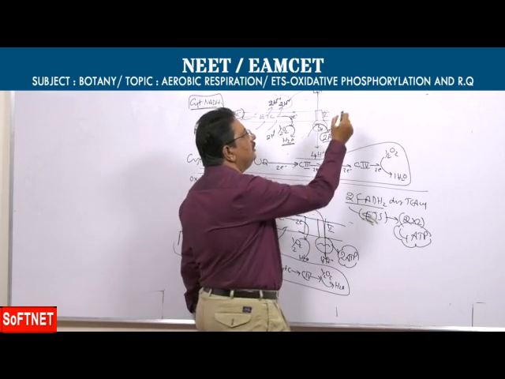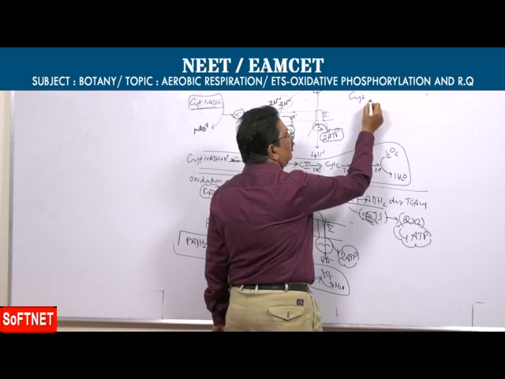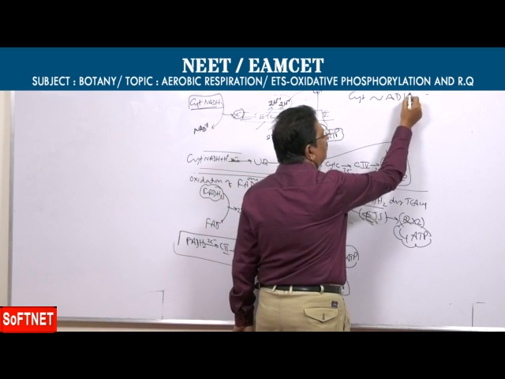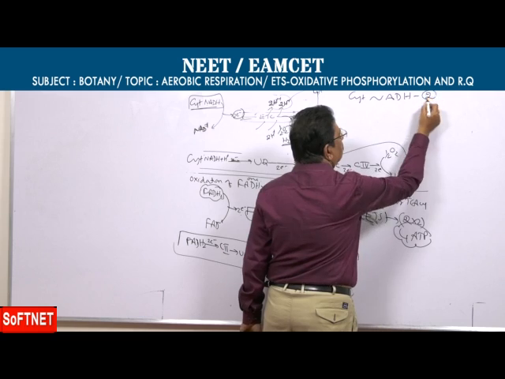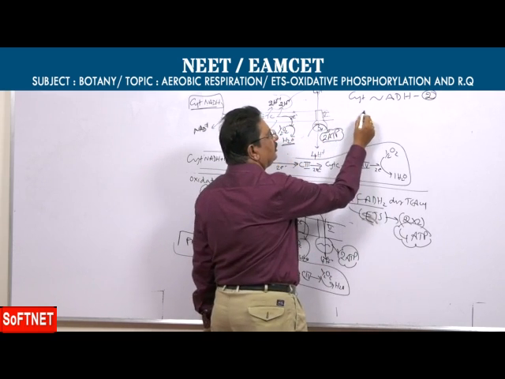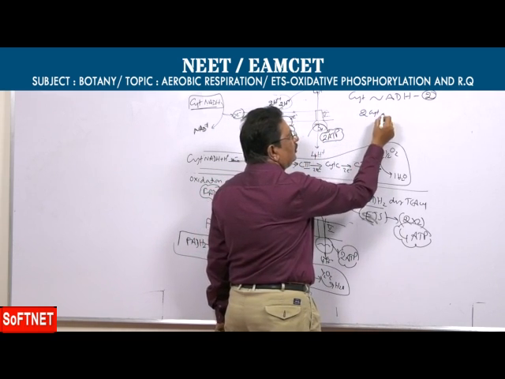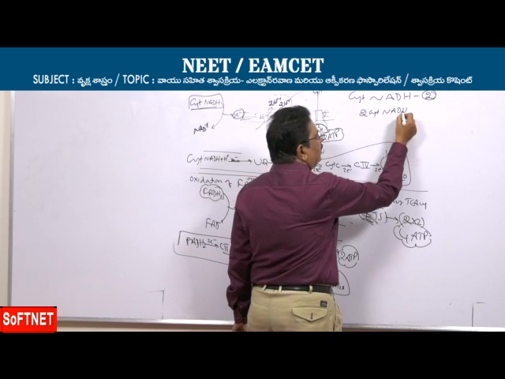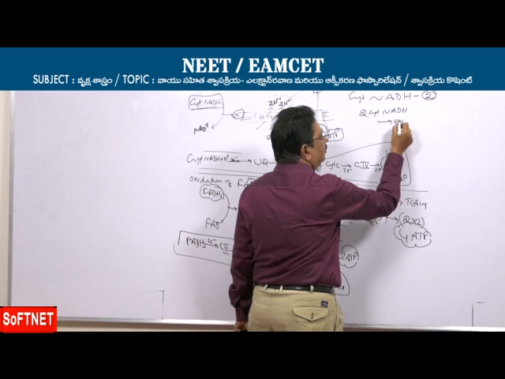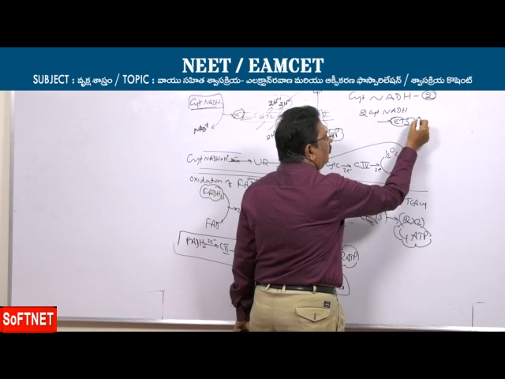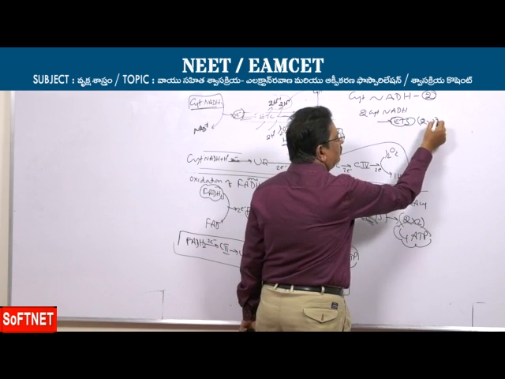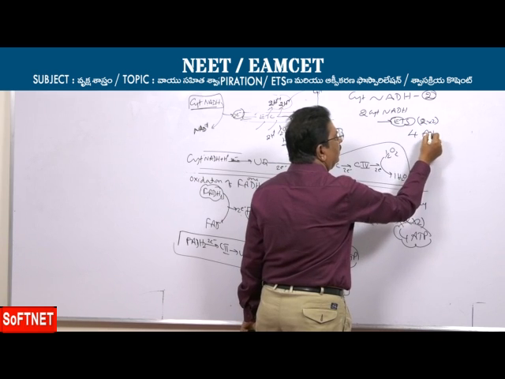So, how many cytosol NADHs are formed during aerobic respiration? Generally 2. So, oxidation of 2 cytosol NADHs through ETS forms 2 into 2, 4 ATP.